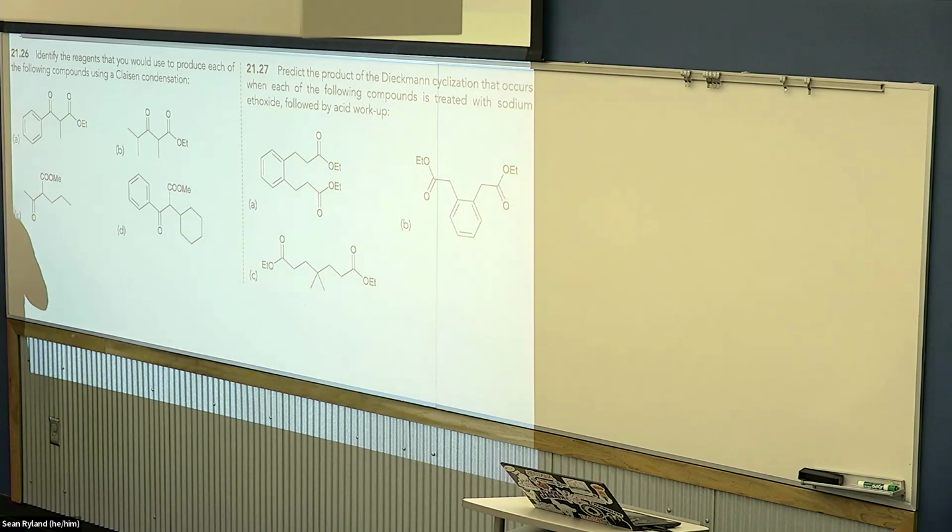Again, it can probably be helpful to redraw this out as an ester so we can see where the alpha carbon is. Here's one of your alpha carbons. This is the compound that we're actually adding to, because this had to have our leaving group on as well. So there's our new bond.